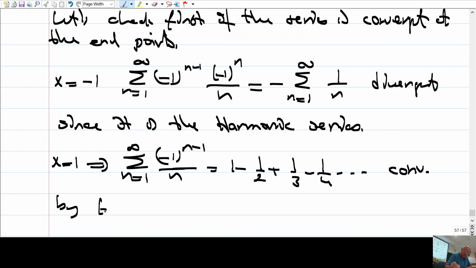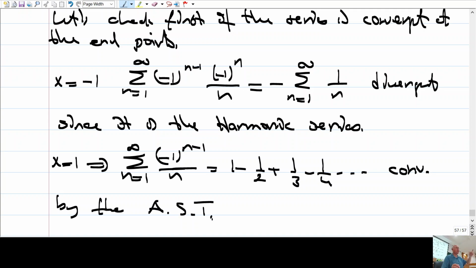by the alternating series test. I have done the details of this last week, so I will not repeat it. But of course, in the exam, if you are given such a question, then you are asked to write down all the details. Since I have written the details last week, I don't do it today, but you have to check the conditions of the alternating series test are satisfied.